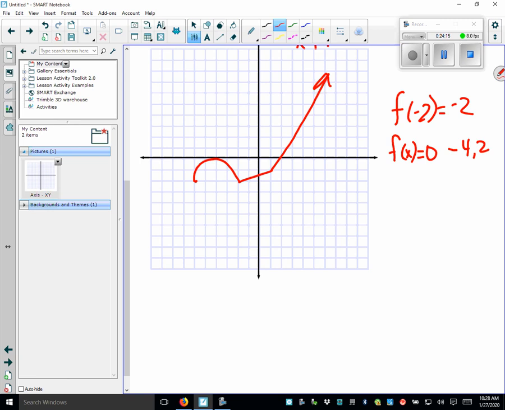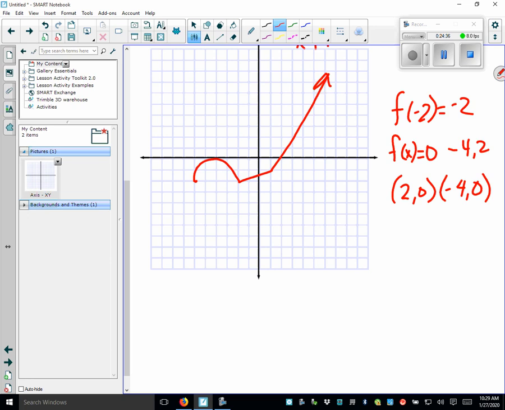What is the x-intercept? 2, 0, and negative 4, 0. If it touches the x-axis, it's an intercept.